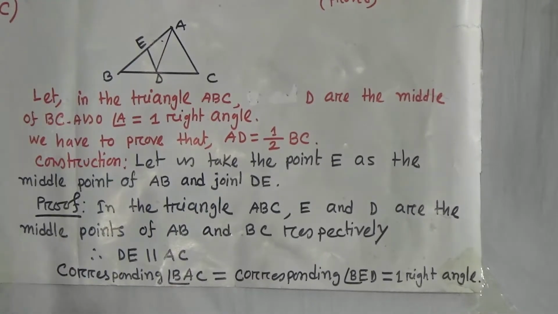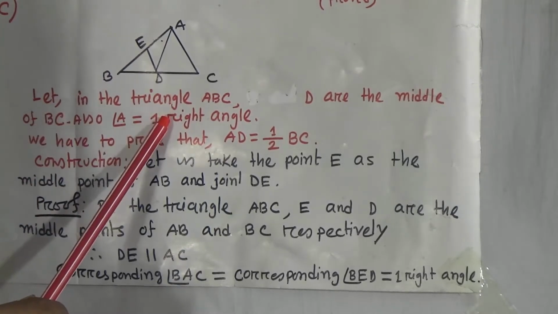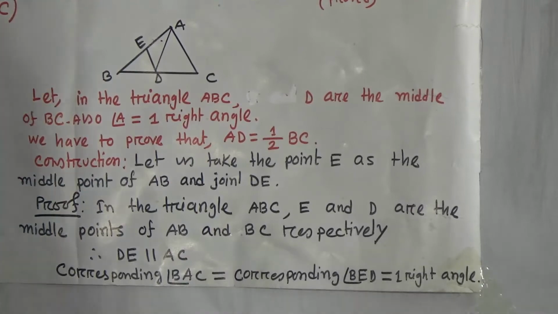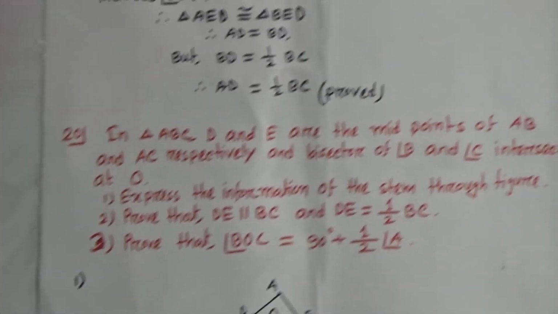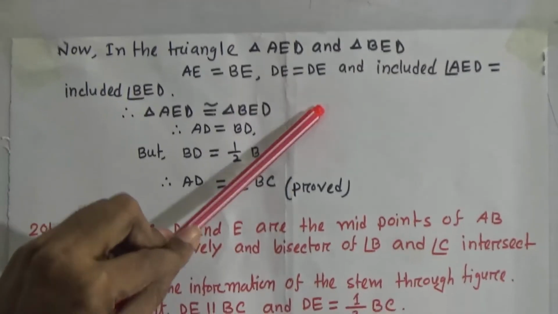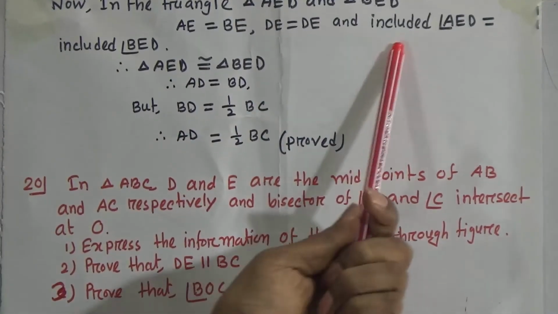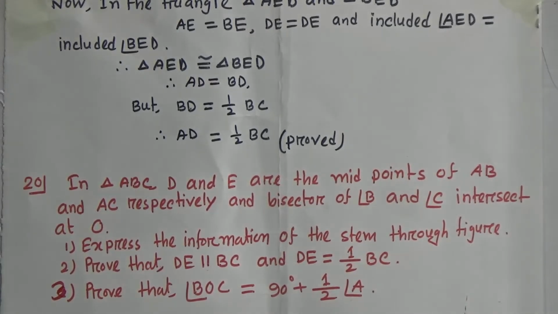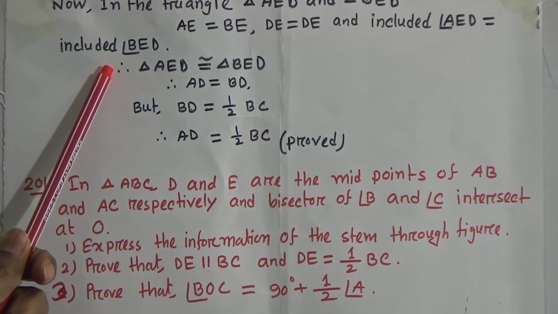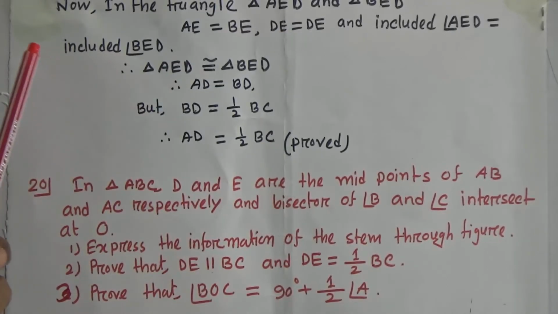Therefore, we can say that BED is congruent to AED. Now see what I told: here AE equals BE, DE is the common side, and included angle AED equals included angle BED.